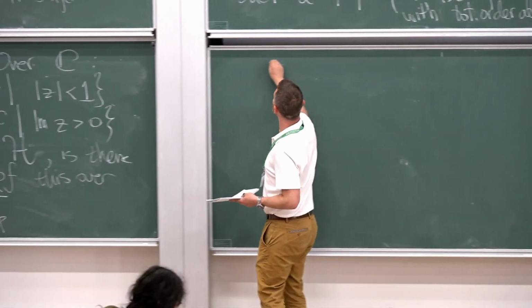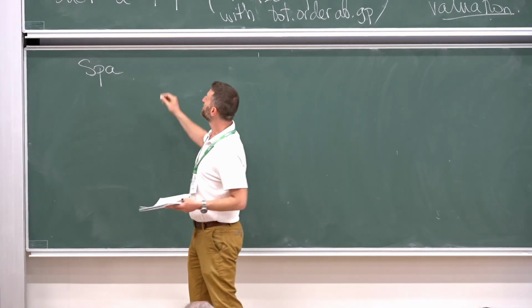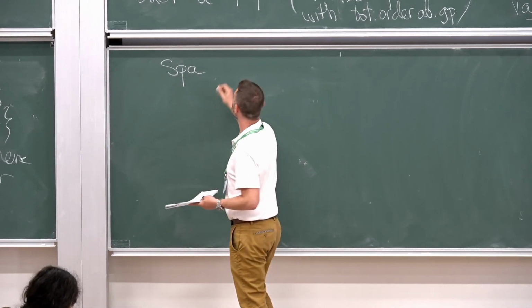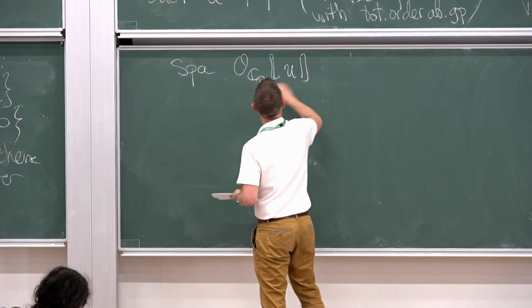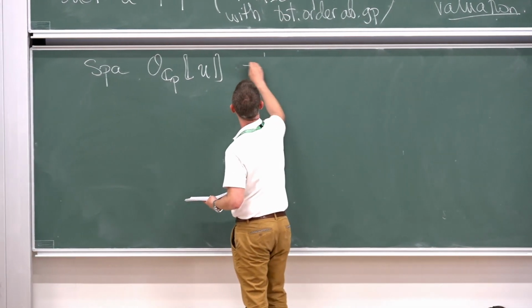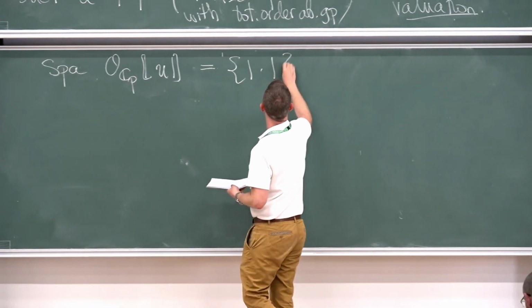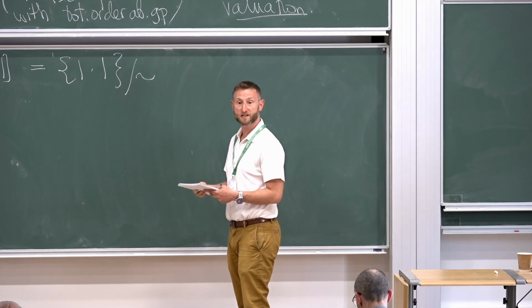The notation that gets used for this is Spa, like the adic spectrum. It's meant to remind you of the usual spectrum in algebraic geometry, and so I could write such a thing like this: Spa of O_{C_p} double brackets U, that's going to be all of the valuations up to an appropriate equivalence relation, which I'll leave it to you to imagine what it is.